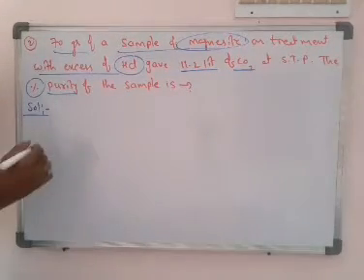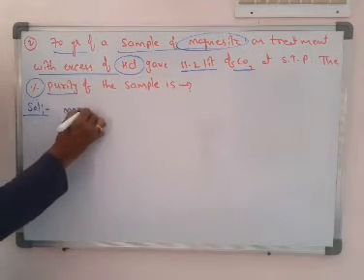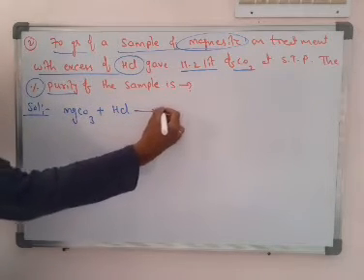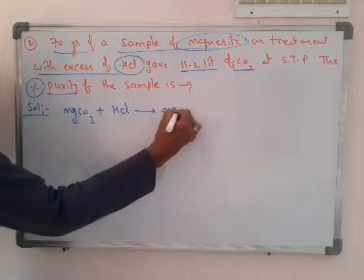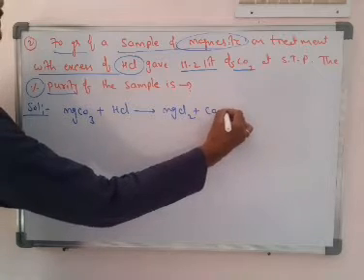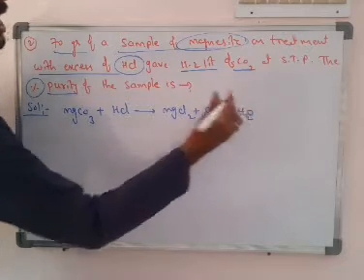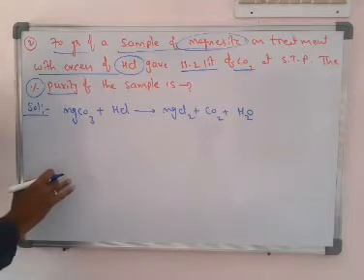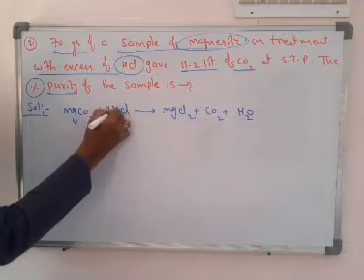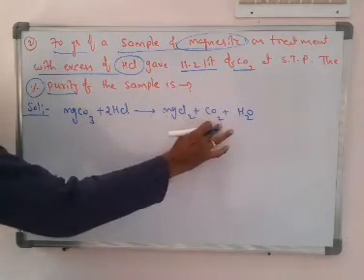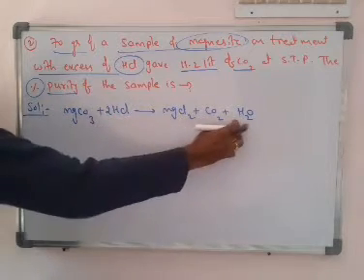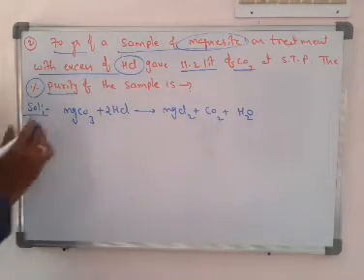So what is the reaction when magnesite reacts with HCl? There is a formation of magnesium chloride, carbon dioxide, H2O, and in this problem we have to balance the reaction also. So 2 chlorines, 2 hydrogens, 1 carbon, 1 magnesium, 3 oxygens.